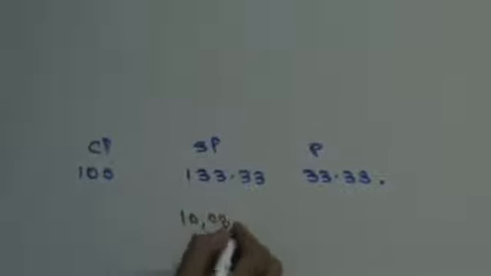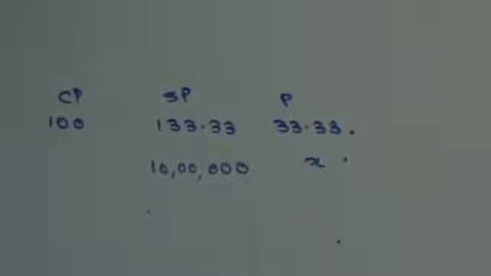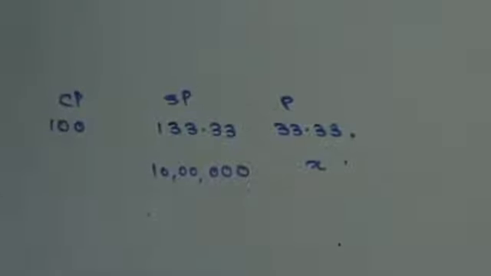Right? Sales I know is 10 lakhs. I have to find out profit. Guys, since this is a recurring fraction on the calculator, how will you do it? 10 lakhs into 33.333333, take it till the end. Takes about 6-7 digits. Divided by 133.333333, take it till the end of the screen.